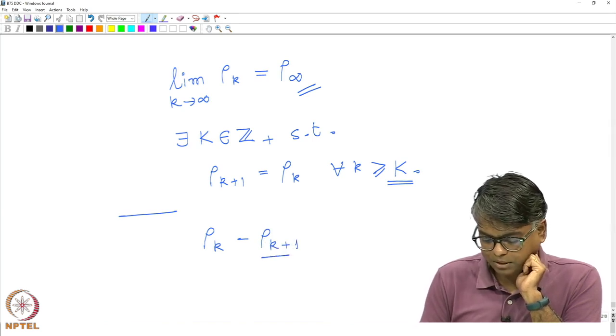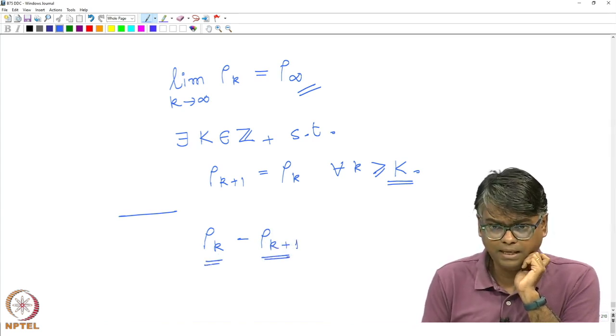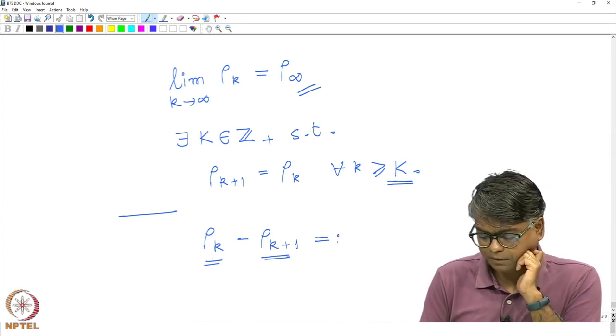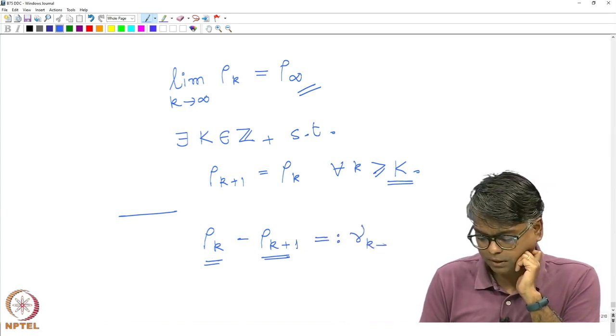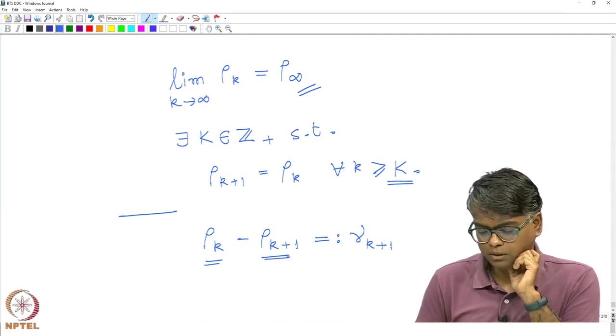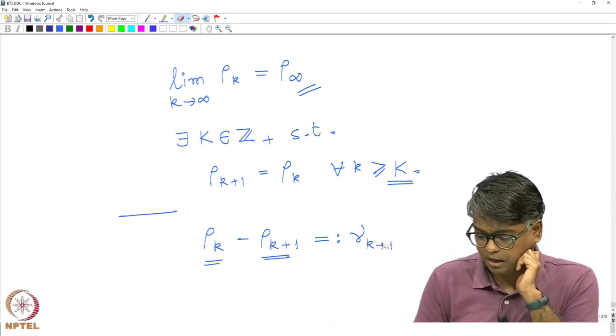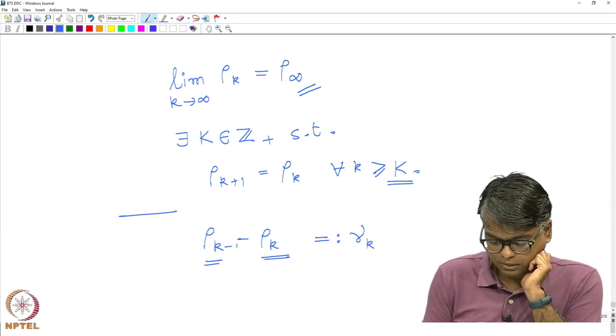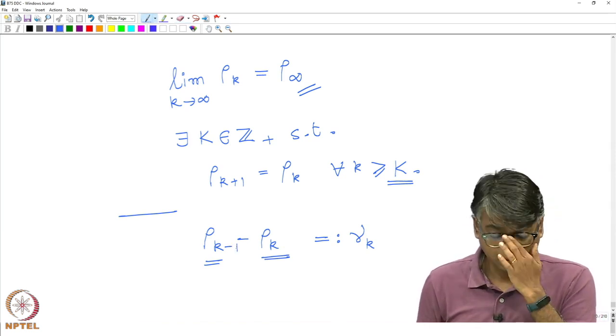I know that rho k plus 1 is smaller than or equal to rho k, right, but when I take this difference, which I will define as gamma k plus 1, would it be nicer for you if I define gamma k? That is also fine. In that case, I just have to do this.